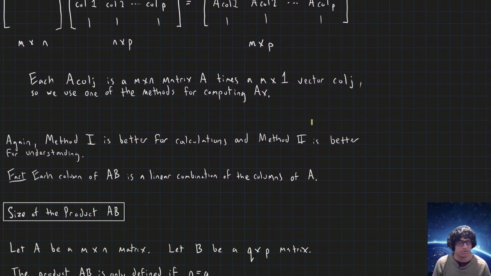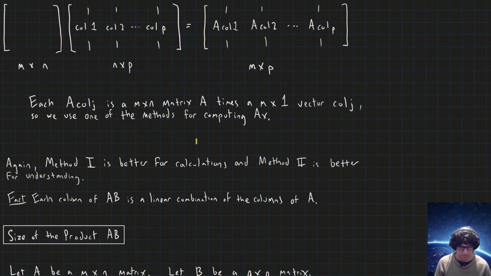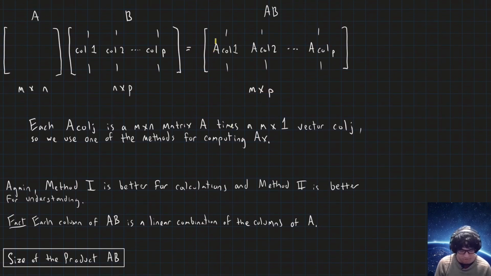Let's observe this fact here. Before we said that A times any vector, the result is a vector, which is a linear combination of the columns of A. So that means that this column in AB is a linear combination of the columns of A. Same with all the other columns.